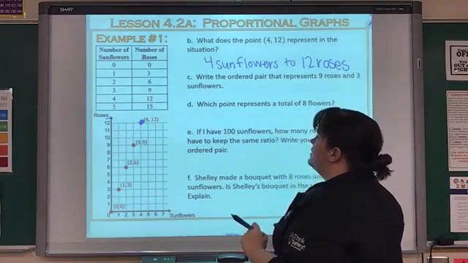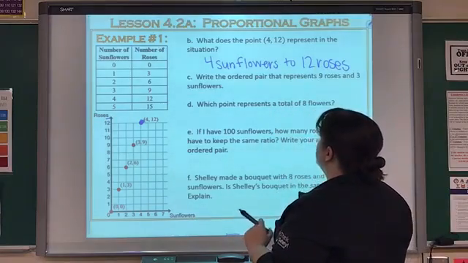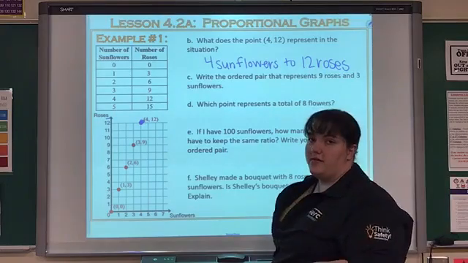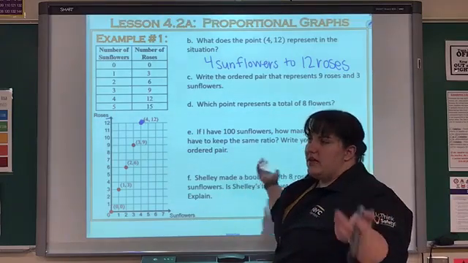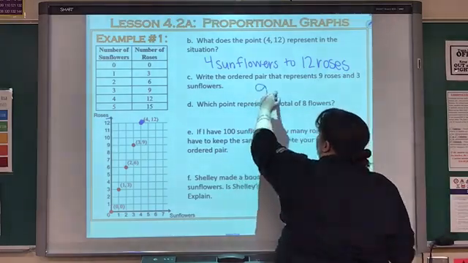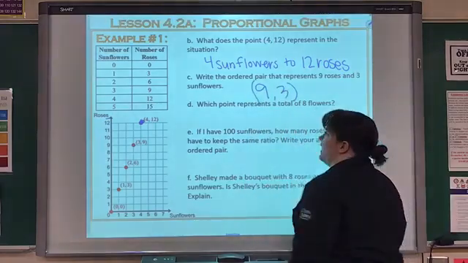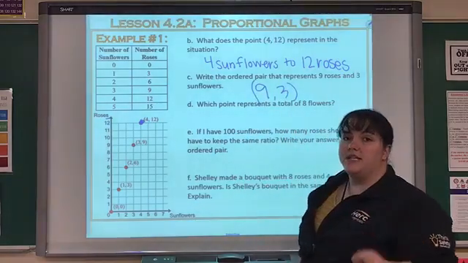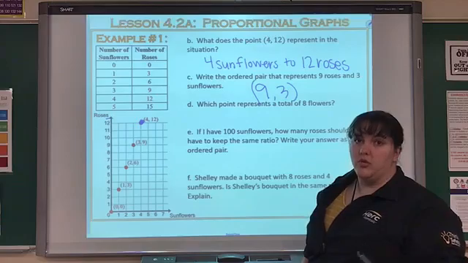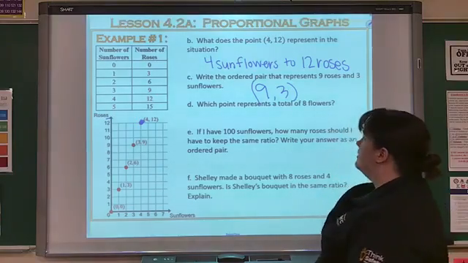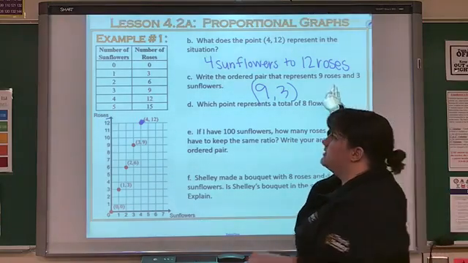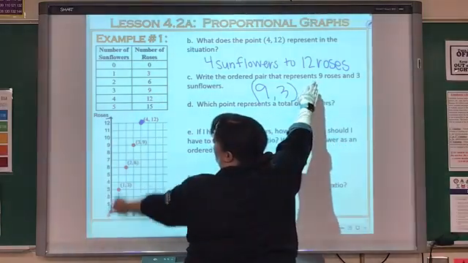The next part says to write the ordered pair that represents 9 roses and 3 sunflowers. So some of you may think, oh, we're just writing an ordered pair, 9, 3, call it good, right? But we need to pay attention to what order we are looking at. We have roses, those are our y value.